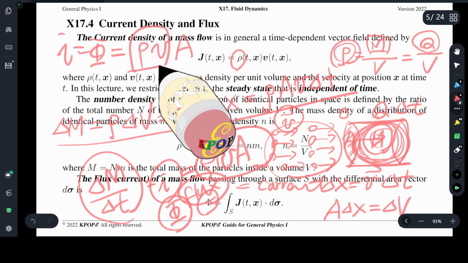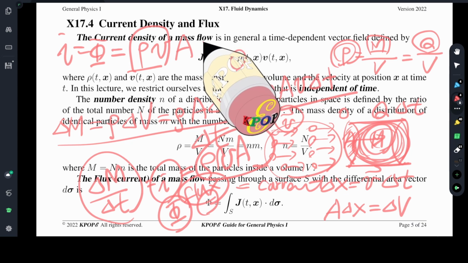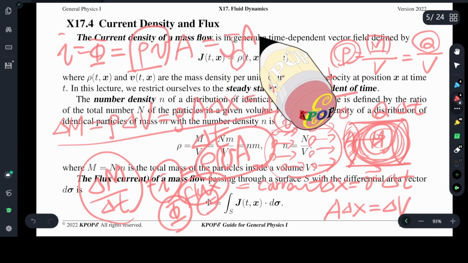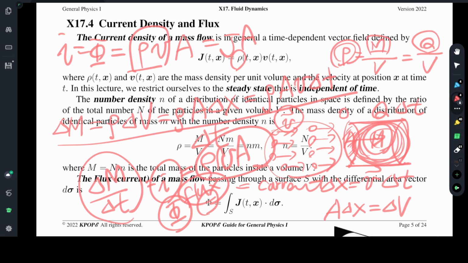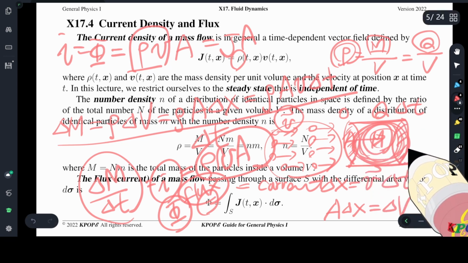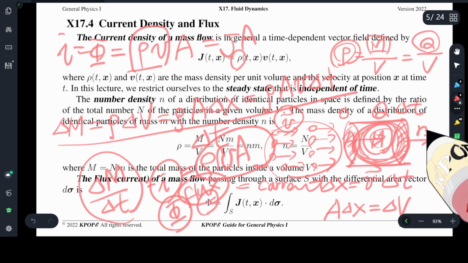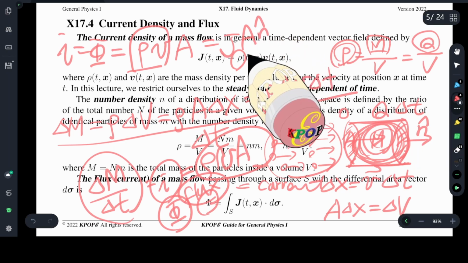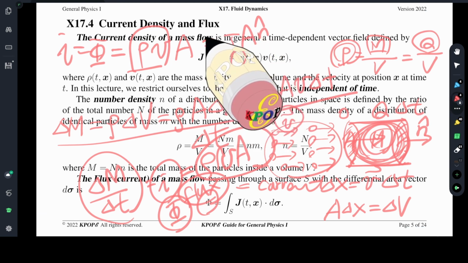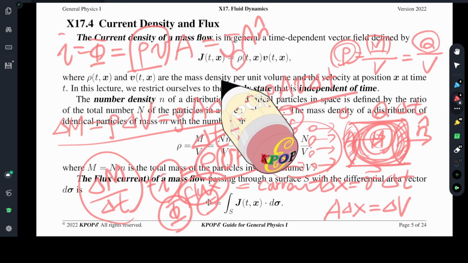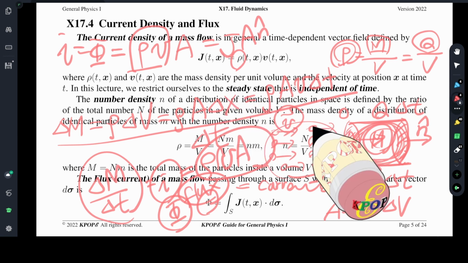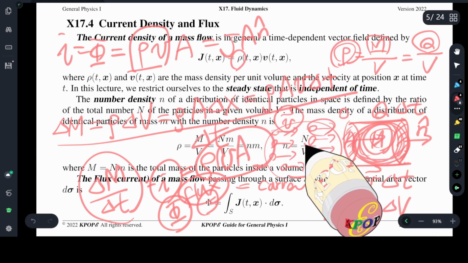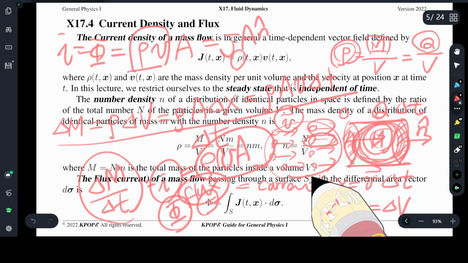Here, rho V is written as a current density J. So we have J A, and let us revive the vector nature of the cross-sectional area. The cross-sectional area has a magnitude, the area, and it has a direction that is normal to the plane. So if I introduce this, I would revive the vector nature of the current density, because the direction is determined by the velocity of each particle.